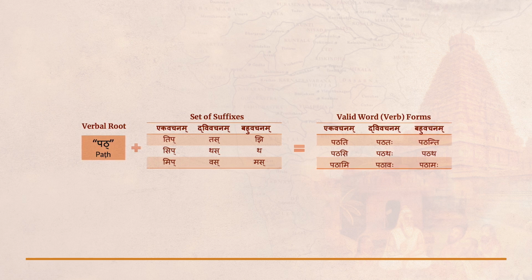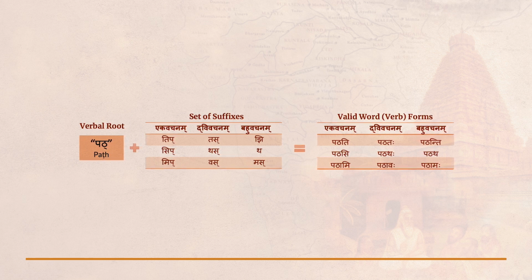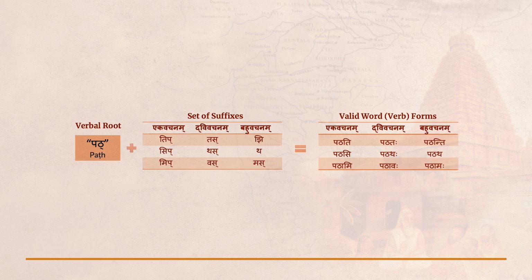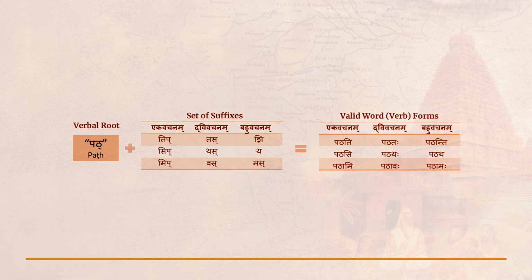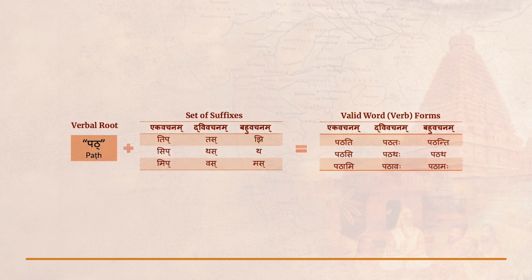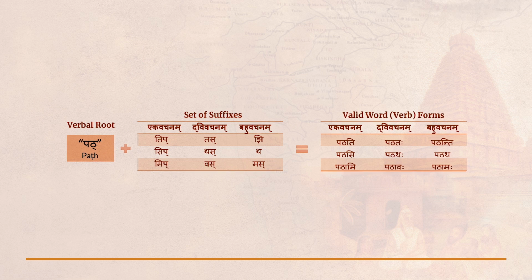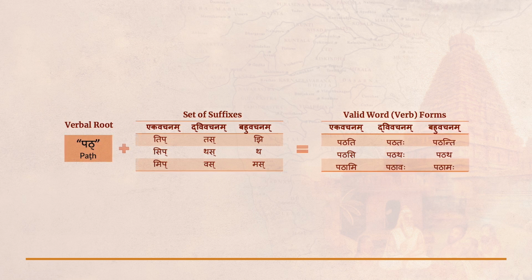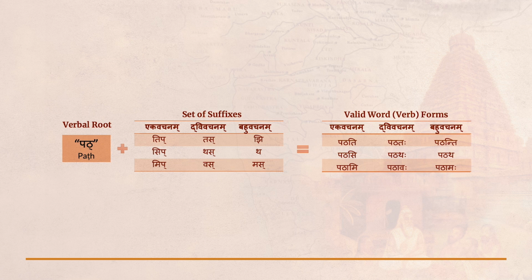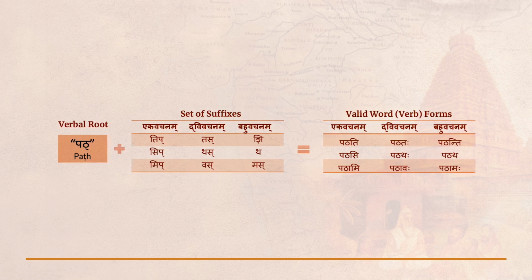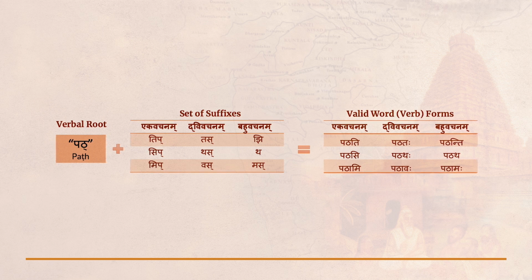As you see here, suppose I take Pat and add Tip to it, you will get Patati. There are rules which will get you there. Or you take Pat, add let us say Mip, you will get Patami, and so on. So this is a very simple example.